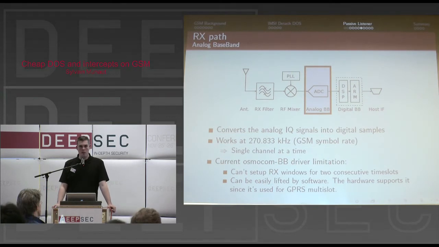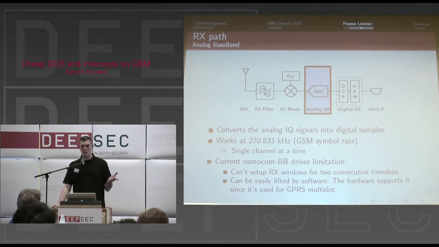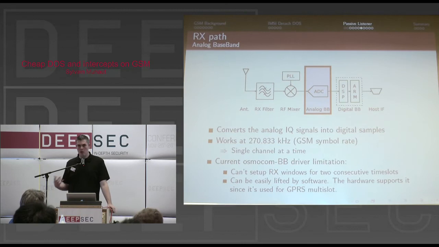The only problem currently is that the driver for it is slightly limited, because you configure it to receive 160 samples. That is one burst, and you have to configure it for each group of 160 samples. And currently, the driver doesn't allow configuring 2 consecutive bursts.